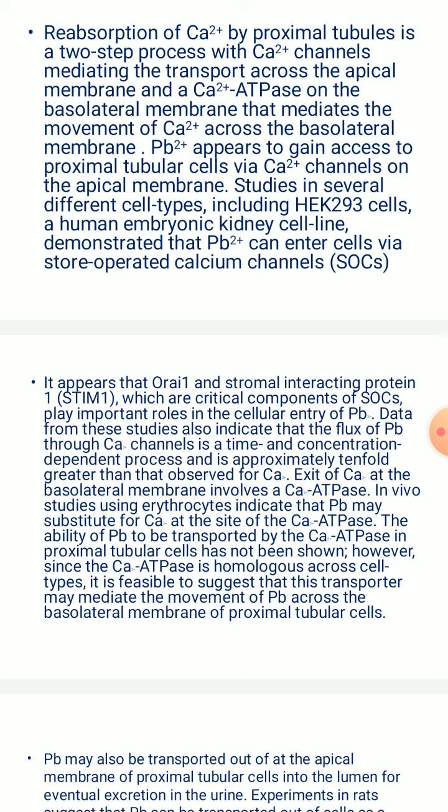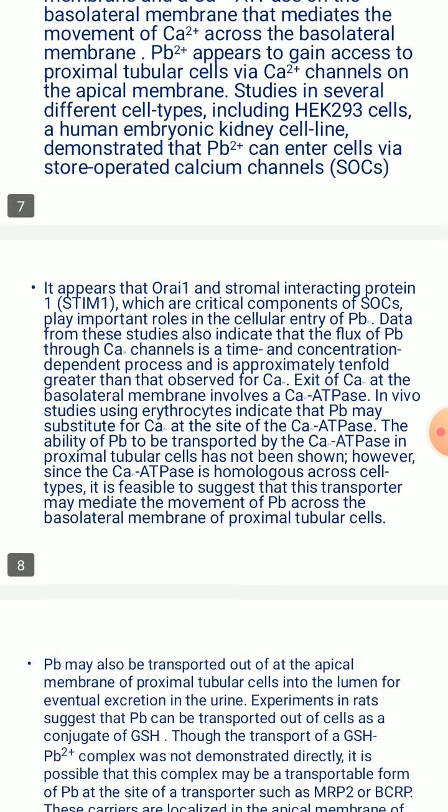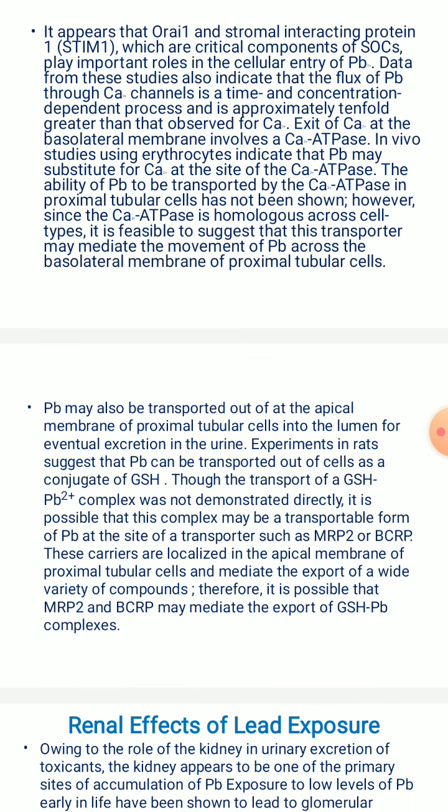So it can easily mediate the movement of lead across the basolateral membrane of the proximal tubular cells. In this way, this store operated calcium channel transporter can work. So lead may also be transported out of the apical membrane of the proximal tubular cells into the lumen for eventual excretion in the urine.